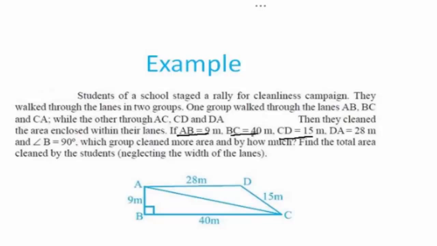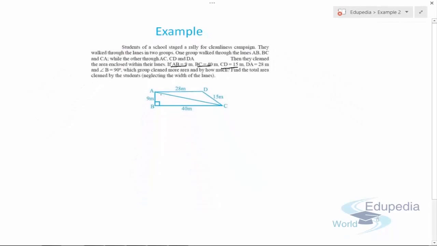So let's see how we can solve this question using Heron's formula. If you see properly, this is a 90-degree angle, so this line is the hypotenuse. First of all we need to consider triangle ABC, in which we need to find the hypotenuse, which will be the third side.